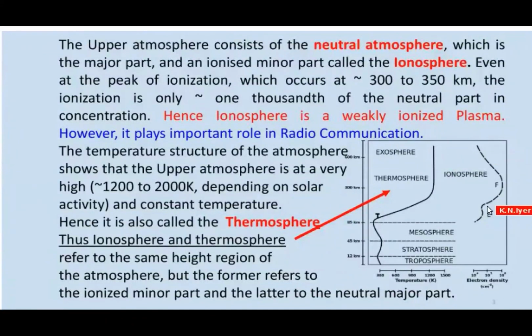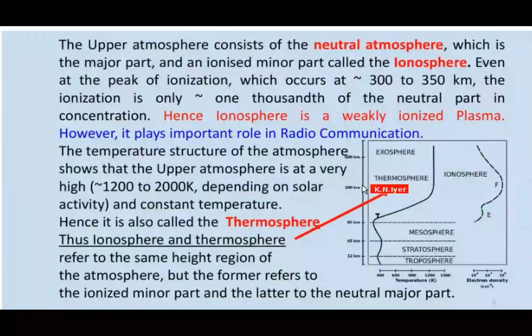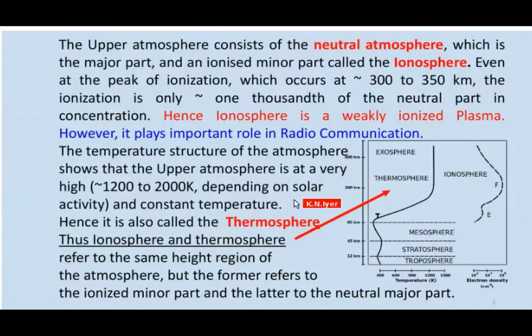So this represents basically the ionosphere, and this part, because of its very high and constant temperature, which is of the order of 1200 to 2000 Kelvin, is called the thermosphere. So we have the thermosphere and ionosphere, which refer to the same height region of the atmosphere, but the former refers to the neutral major part and the latter to the ionized minor part.